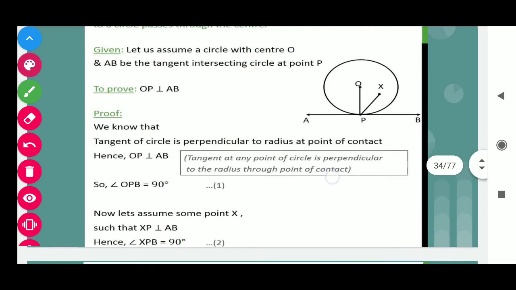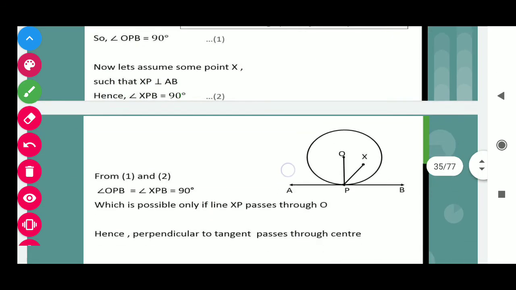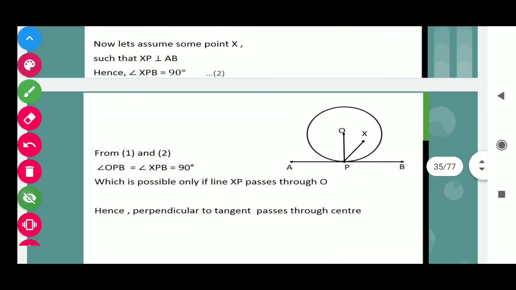Now let's assume some point X. You can see in the diagram we assume here some point X such that XP is perpendicular to AB. Hence angle XPB is 90 degrees. From first and second, angle OPB is equal to angle XPB. Both are 90, which is possible only if line XP passes through O.